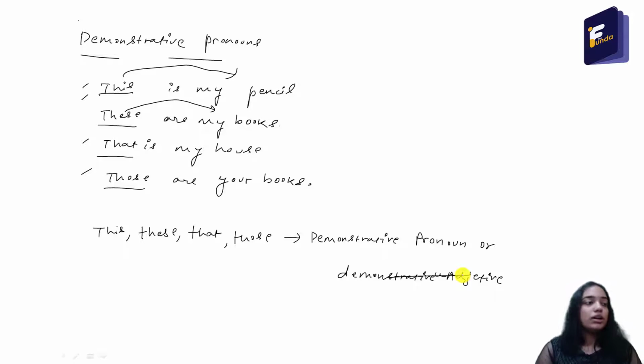So we have to tell in which sentence these words are demonstrative pronouns and in which sentence they are demonstrative adjectives. For that, let me first tell you what an adjective is.